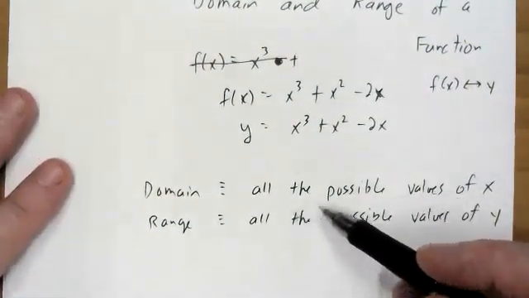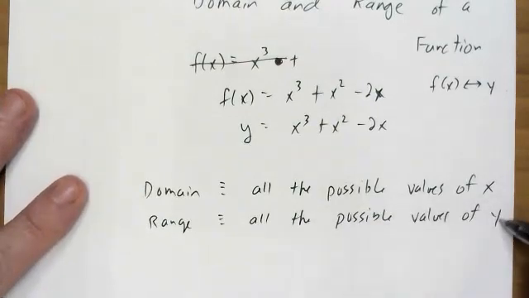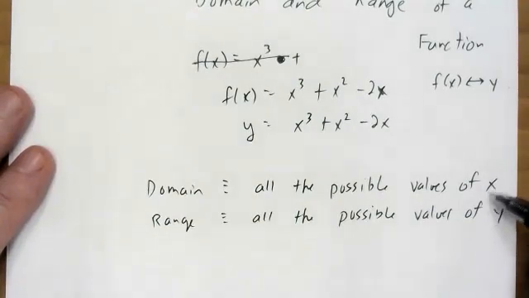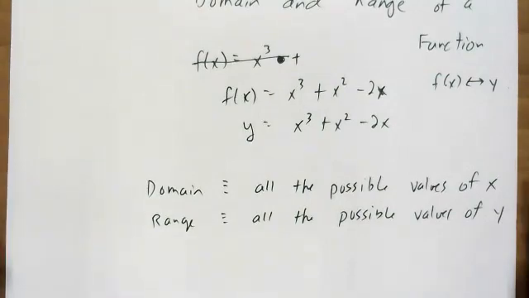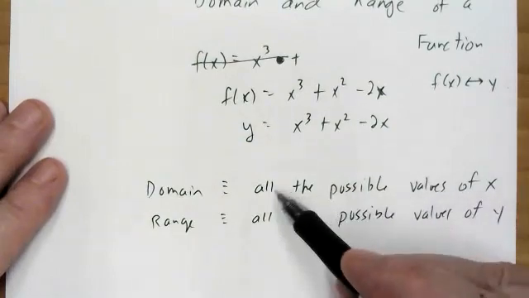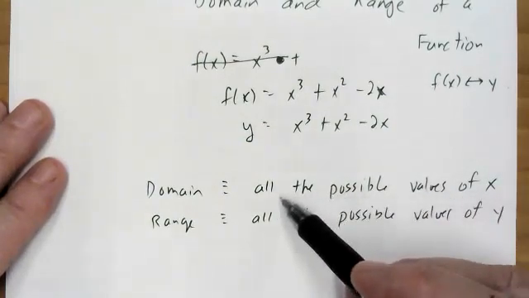You could think of range as all the possible values of f of x, but with domain and range, it just seems a little more clear to talk about x and y. But of course, we can always think of y as the same thing as the function.